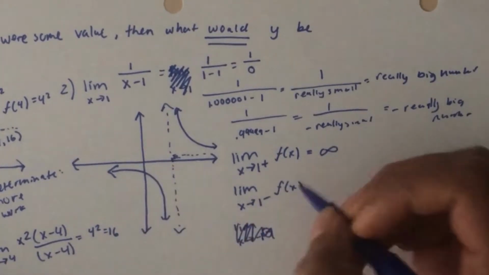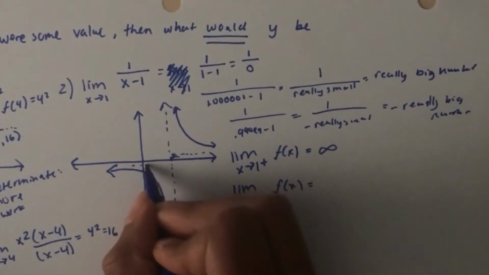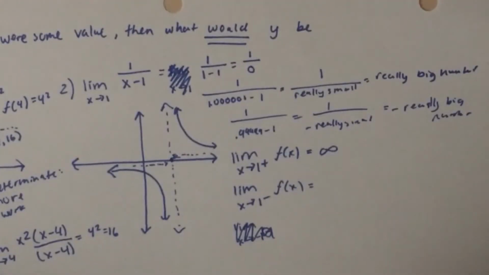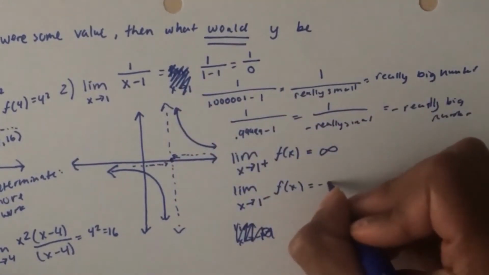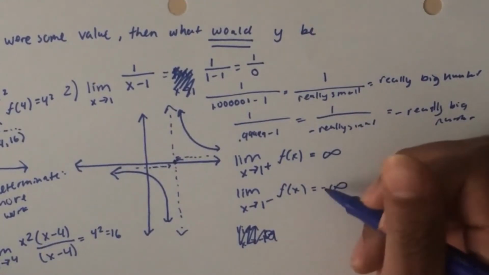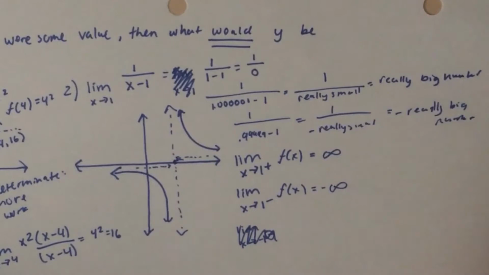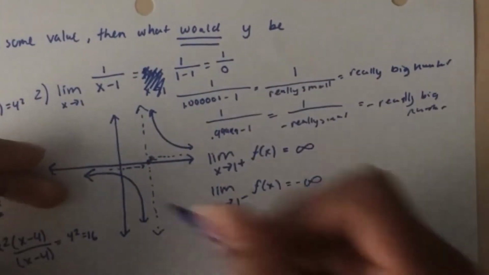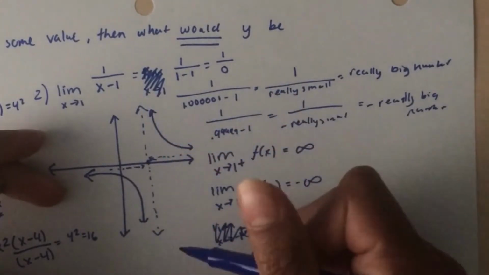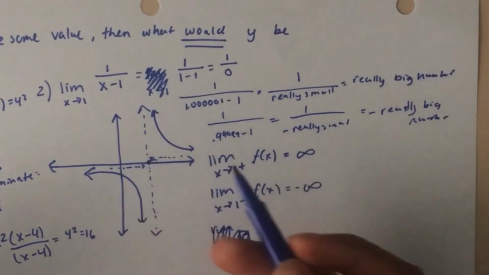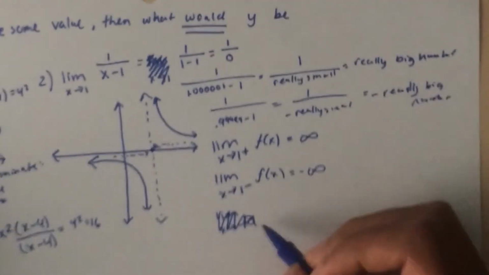And so when we approach it from the left side, as we keep on getting closer to 1, this is going to keep on growing, but it's growing negatively, so it's growing to negative infinity, because infinities can have signs too, apparently. And when you think about it, it makes sense, because you're growing, but the number that we're looking at is negative.